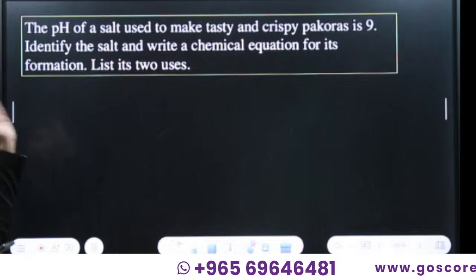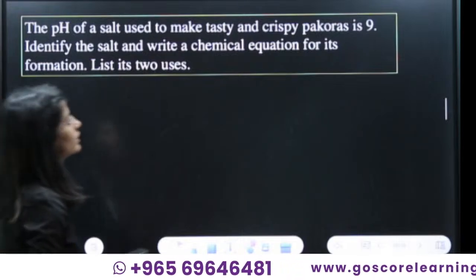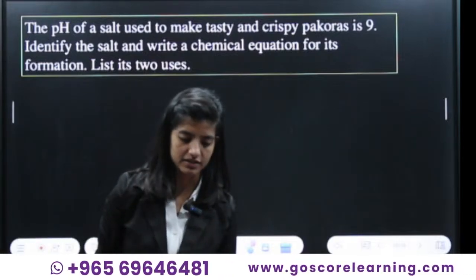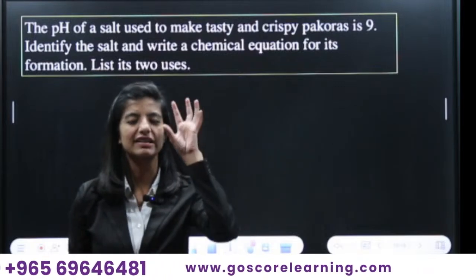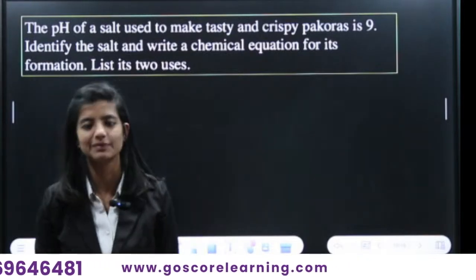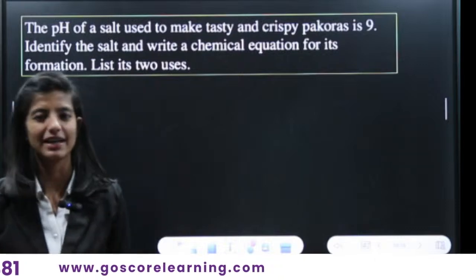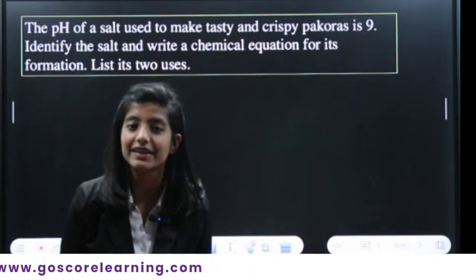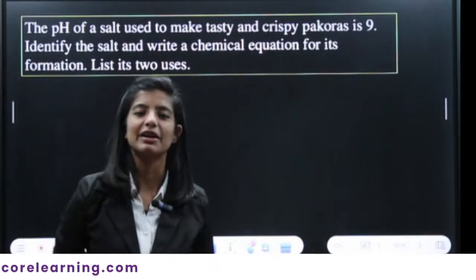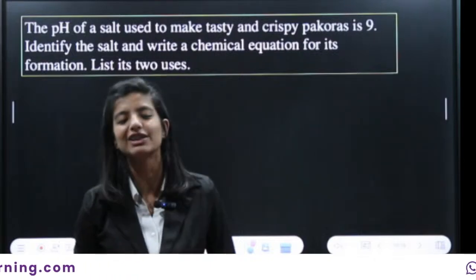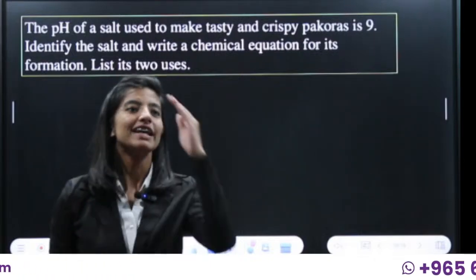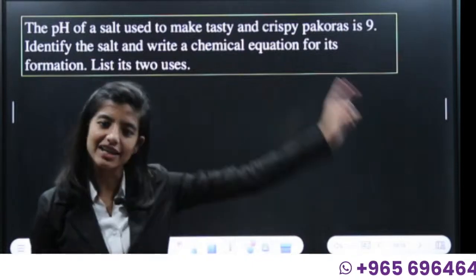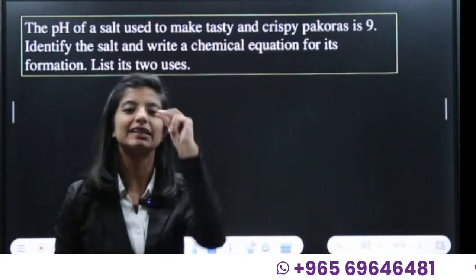Which salt will you be using to make the pakoras? You might have tried making pakoras, right? They should be really crispy. How do you make it? Definitely you will be adding your secret ingredient, which is nothing but baking soda again. Baking soda is a super ingredient in pakoras because it makes them crispy, right?